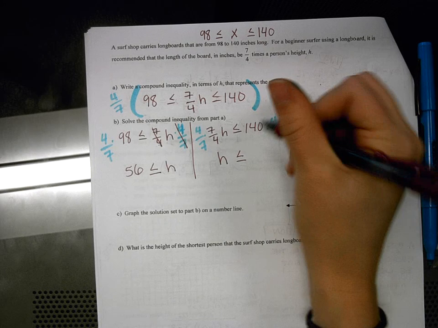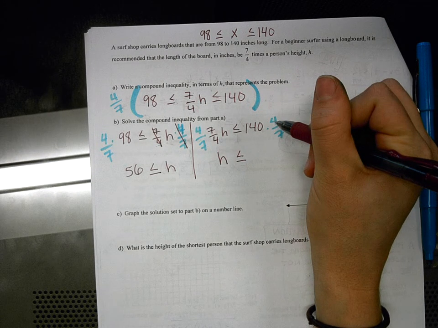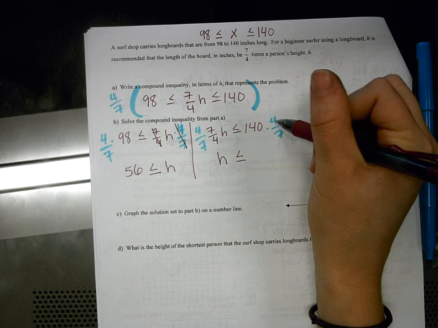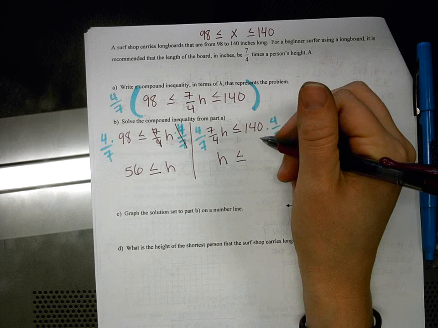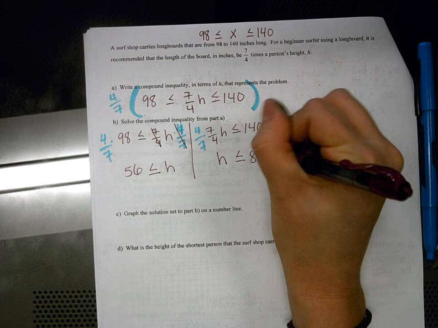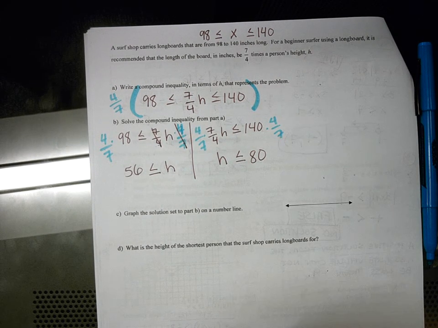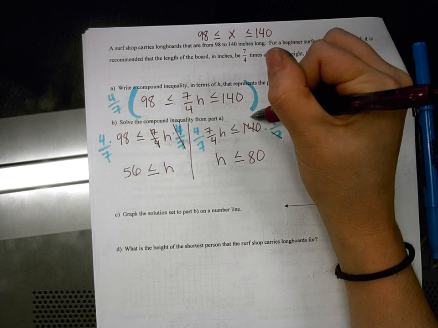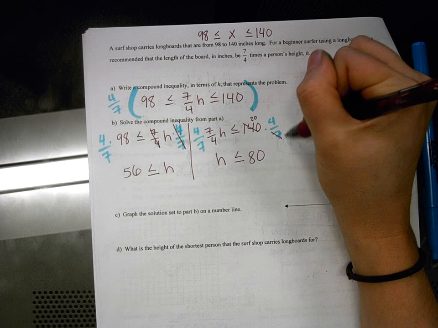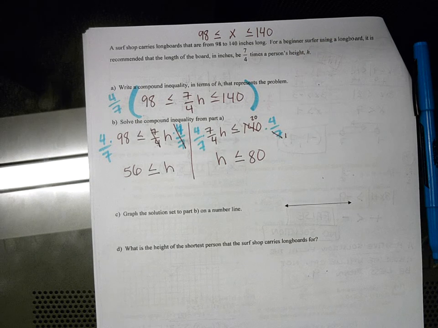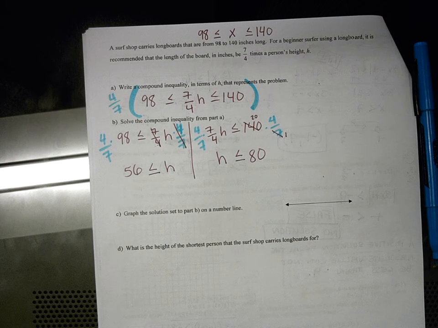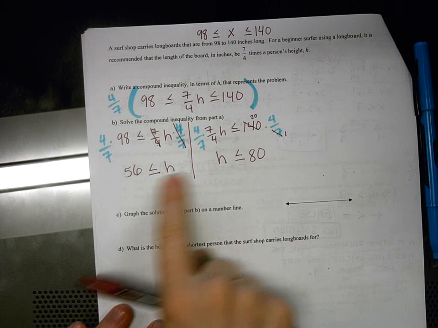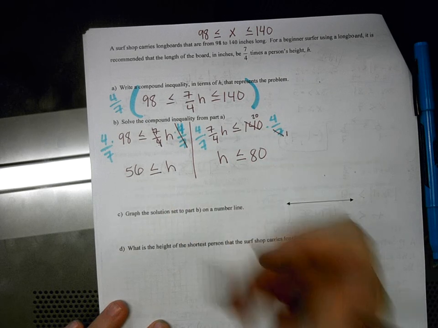On this side, 140 times 4 divided by 7 is going to give us 80. I could cross reduce if I wanted to. These are both divisible by 7, so I can get 20 and 1. 20 times 4 is 80. But see how the H is still between these two values.